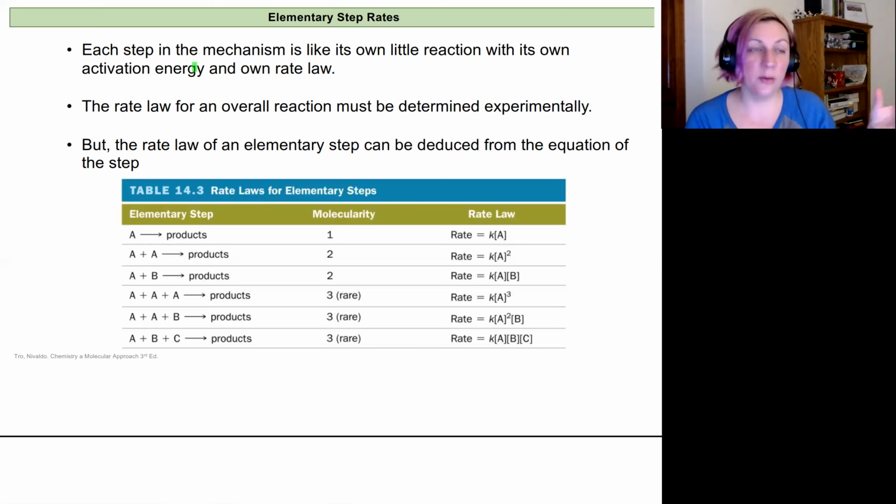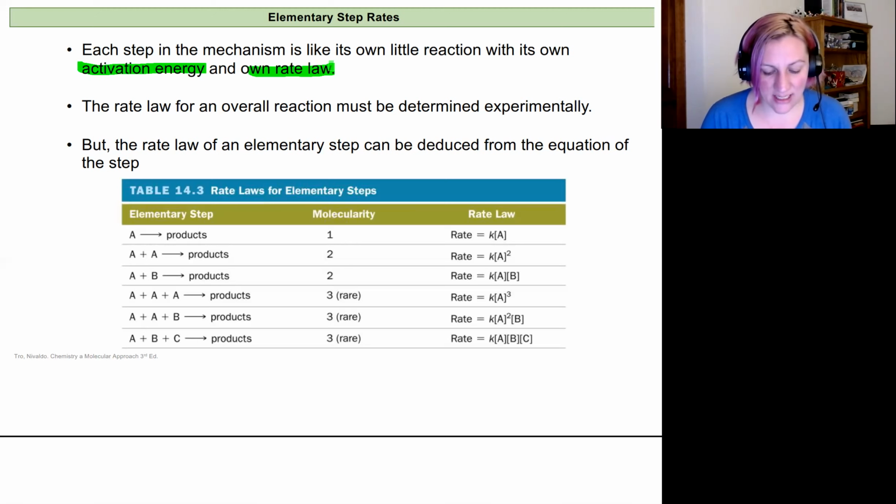All right, so what we can take away from that reaction diagram is that each step in the mechanism is essentially its own reaction. It has its own activation energy and it has its own rate law associated with it. And so our overall reaction is going to have a rate law that needs to be experimentally determined.